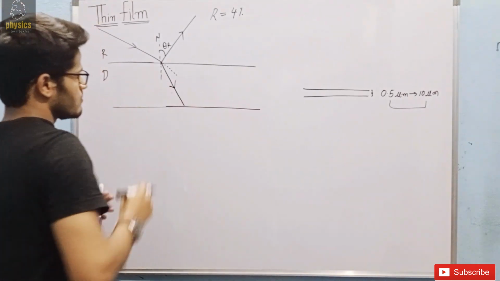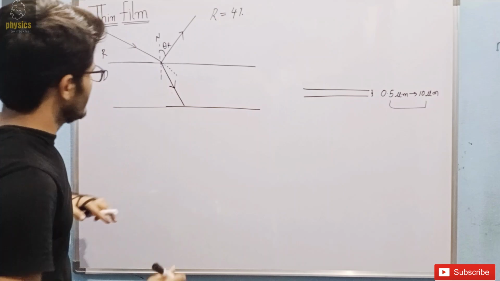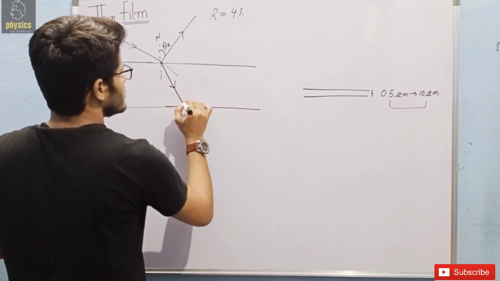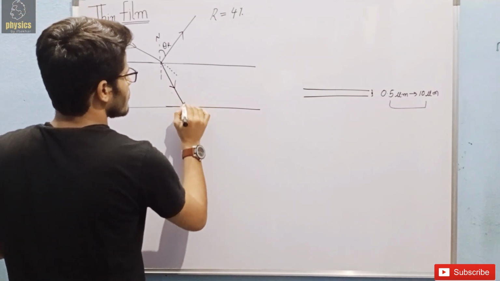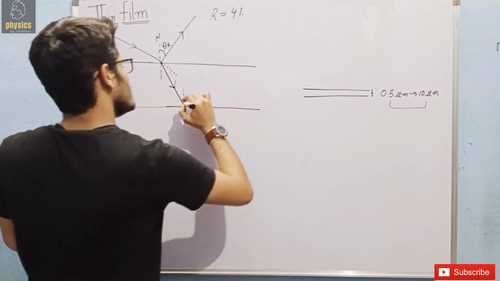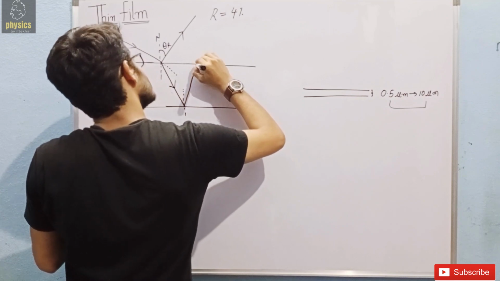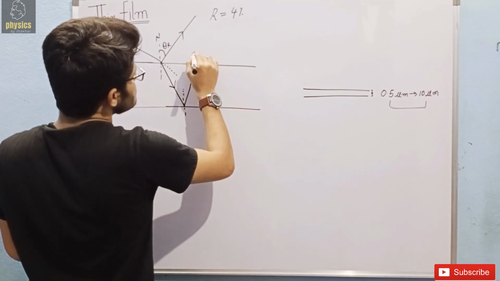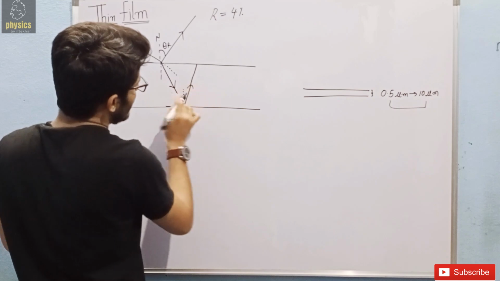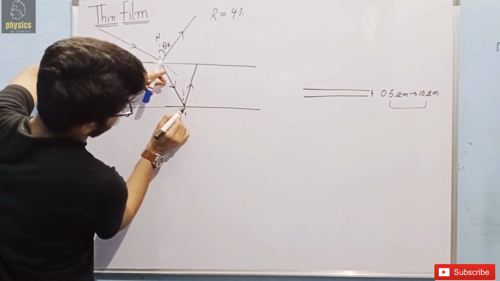Now the transmitted light will again suffer reflection from the bottom surface of the thin film, and part of this light will get transmitted.